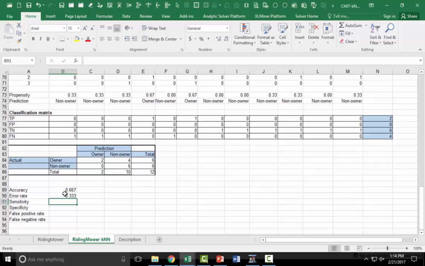Sensitivity: of all the owners, how many are correctly predicted as owner? Specificity: of all the non-owners, how many are predicted as non-owners?